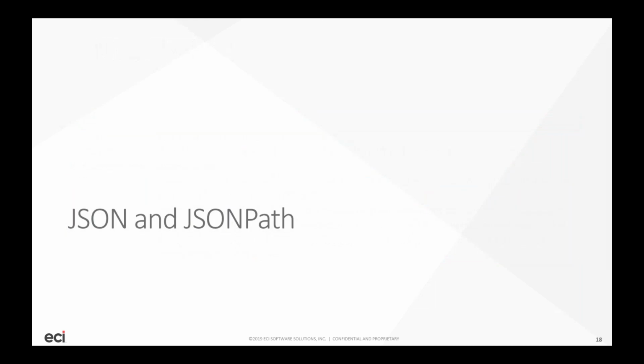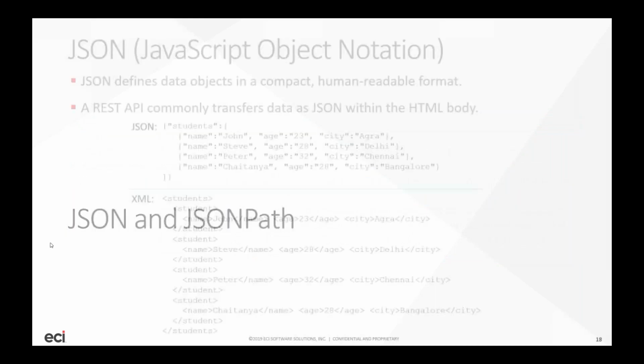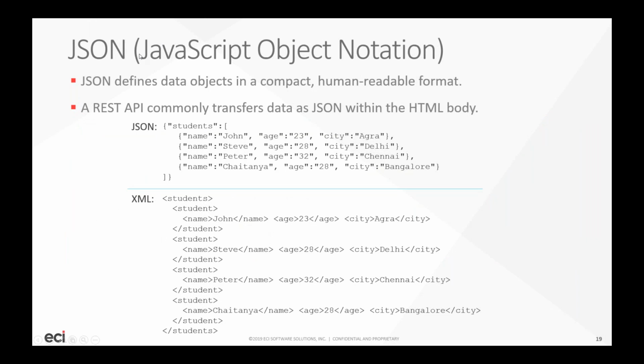So let's look at JSON. What is JSON? JSON stands for JavaScript Object Notation. A very easy way for most people to get what JSON does is that it represents an object in a way that is human readable. I always show it with an XML example because it seems just about everyone has done this using XML. In this case, I'm showing a JSON representation of a list of students.